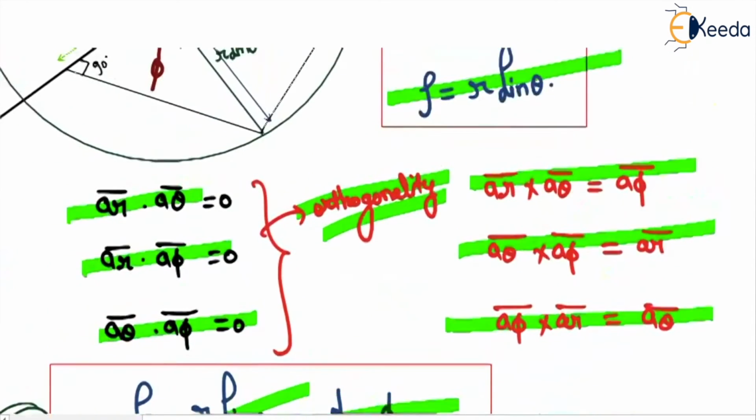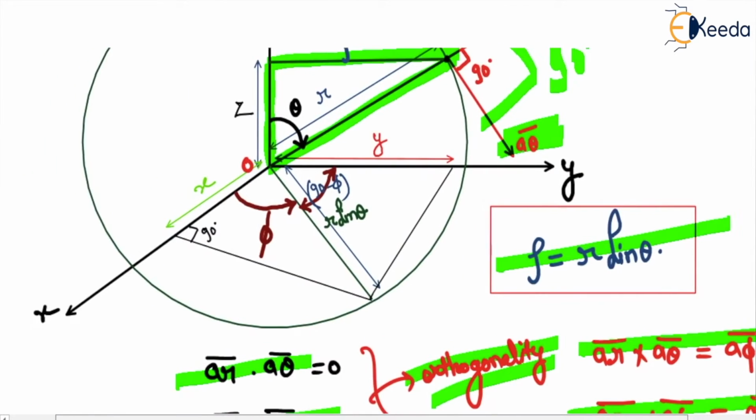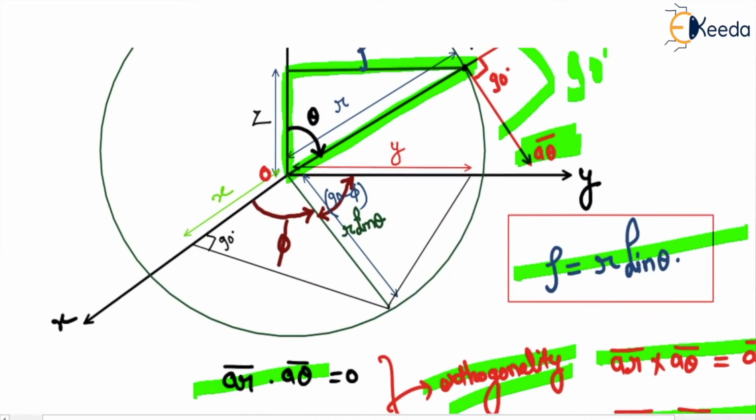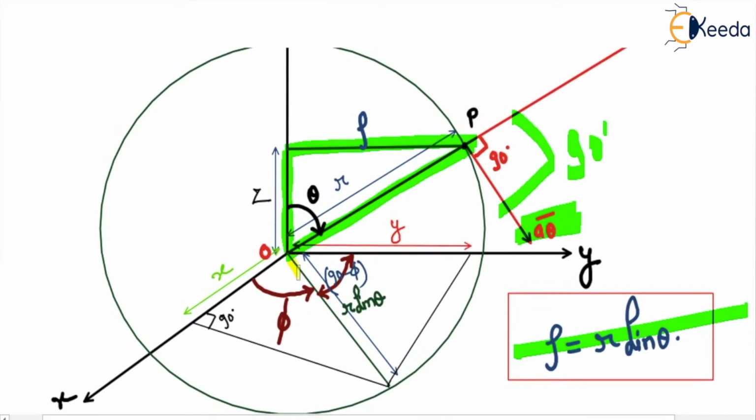As it is clear from this figure, when we project the OP length on the xy plane, this is the length r sine theta, and when we take this triangle here, then this is a right angle triangle. From here we can get the value of x, which is equal to r sine theta cos phi, and the value of y we can get from this triangle, which is equal to r sine theta sine phi.